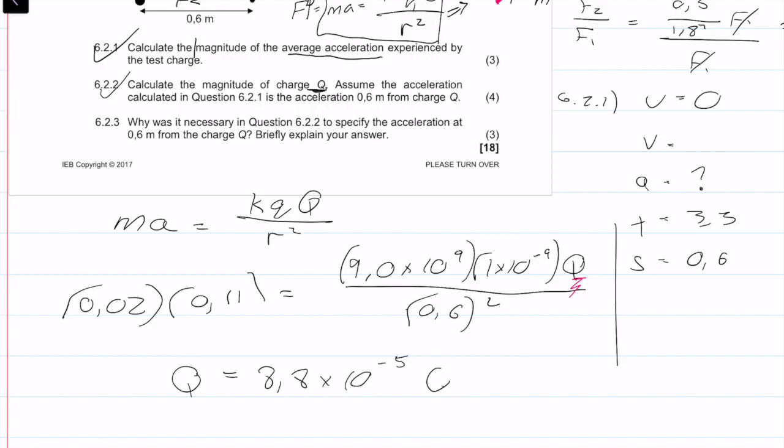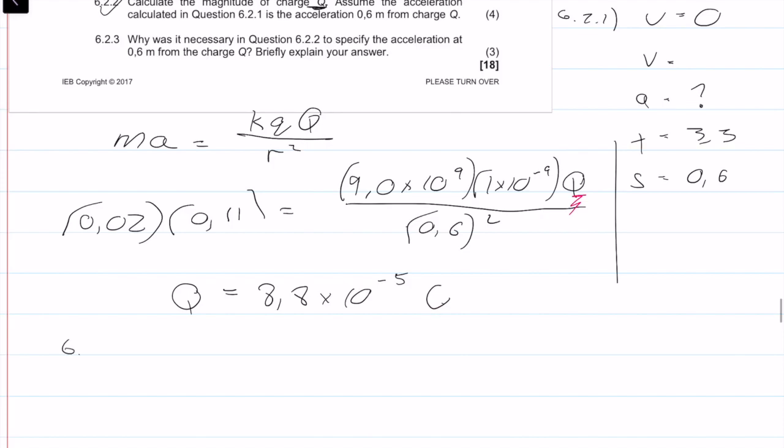Then question 6.2.3. Why was it necessary in question 6.2.2 to specify the acceleration at 0.6 meters from the charge q? Briefly, we've already actually discussed this. So for 6.2.3, we can say that the acceleration is not constant.